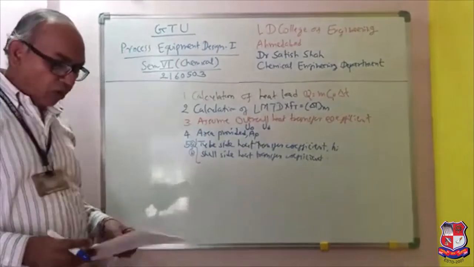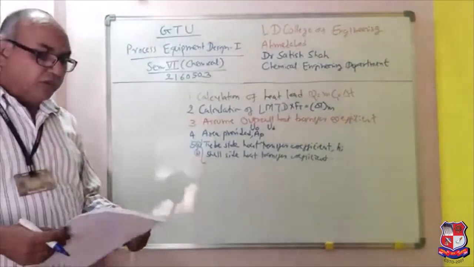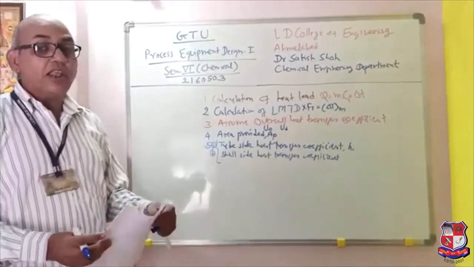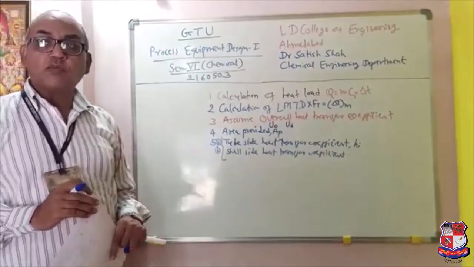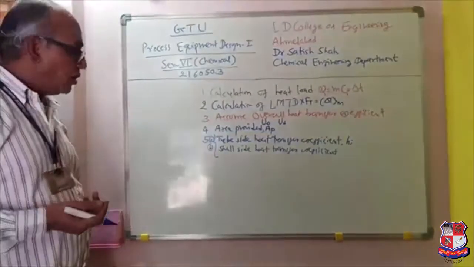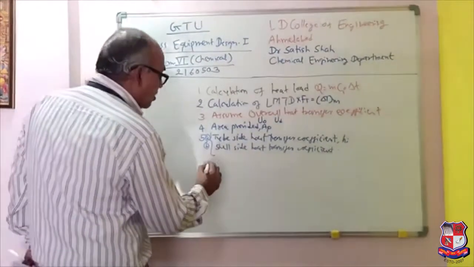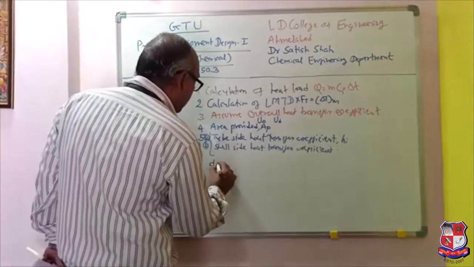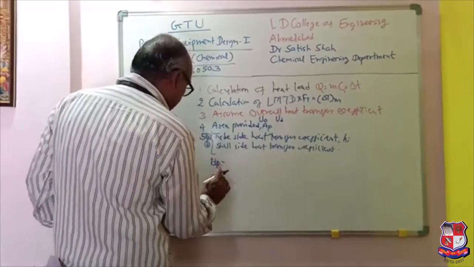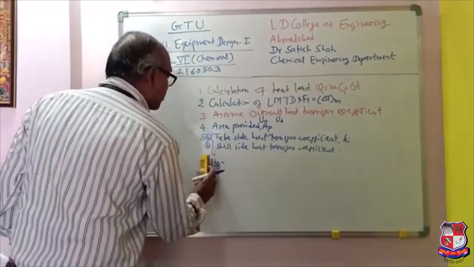Now see, when you go for shell side heat transfer coefficient, before that what you have to do? You have to find out the bundle diameter, because now you have to fix up the diameter of shell. So how will you calculate the bundle diameter? For calculation of bundle diameter, we have the formula available, known as Db, the bundle diameter.